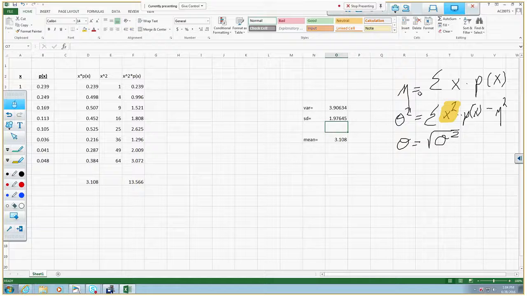So, for 6.1, whatever chapter we're in, is this 6.1 or 7.1? 6.1. All right. For 6.1, you have to know 3 formulas. And here they are.